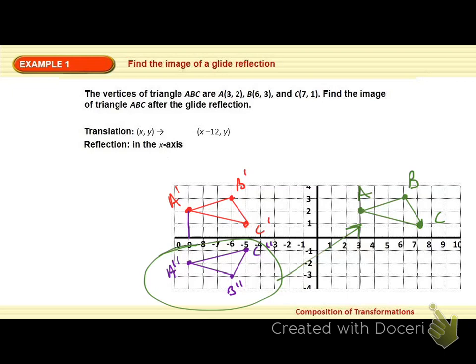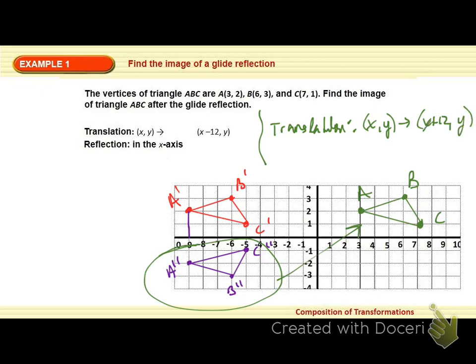So to write this glide reflection, instead of sliding back 12 and reflecting over the x-axis, we can do our composition by doing a translation first, adding 12 to the x's.